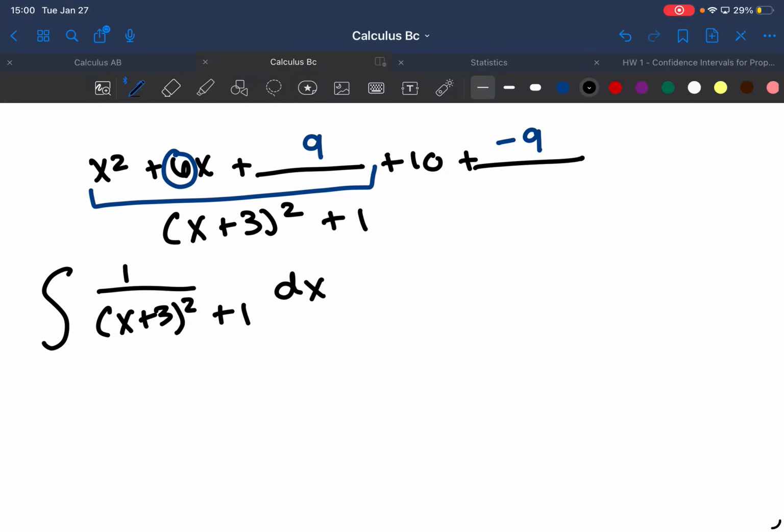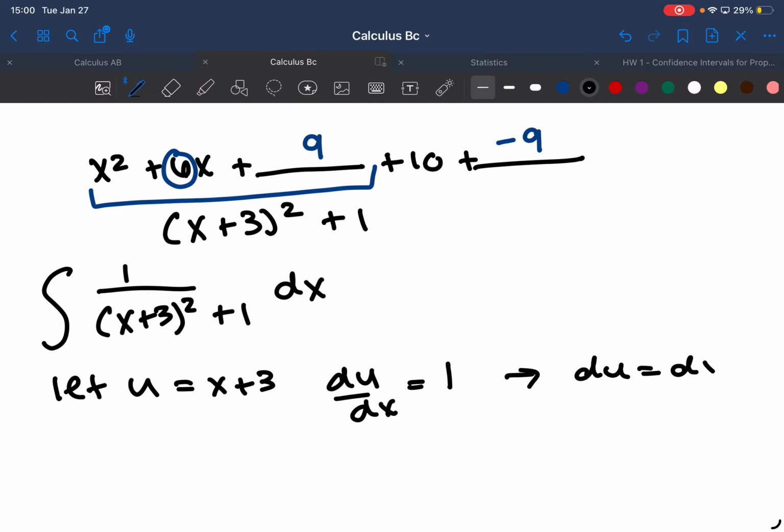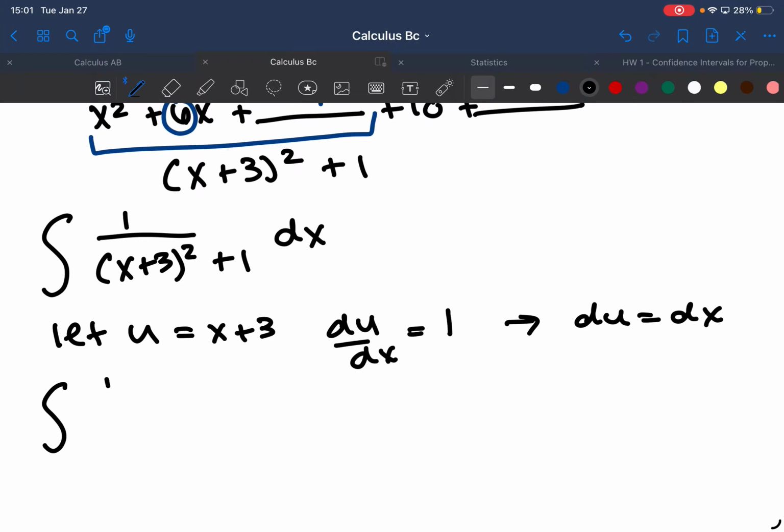U substitution. So let u equal x plus 3. So du dx is equal to 1, which means that du is equal to dx. So if I plug that in, I have the integral of 1 over u squared plus 1 du, which I know because I have all of my inverse trig memorized, as a good BC student should.